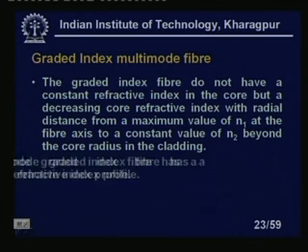We can use the same light sources, the LED, but the bandwidth will be slightly better. Because here, whether the light is going straight through the core or through total internal reflections at different angles, it does not matter; the light will reach the end of the fiber at the same time. So, this is a great advantage.